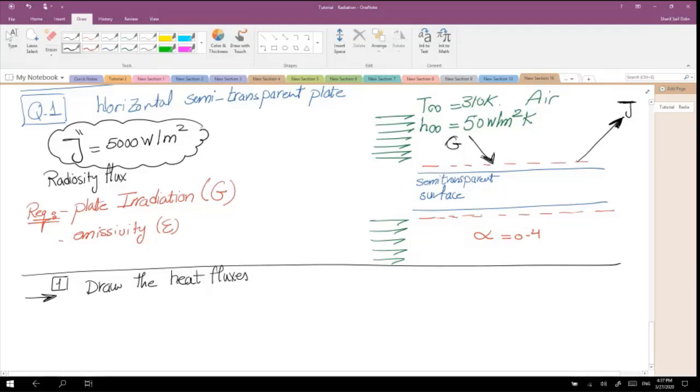But here, as long as we have air flowing over both sides of the flat plate, we're also going to have q double dash convection, forced convection over a flat plate, right?